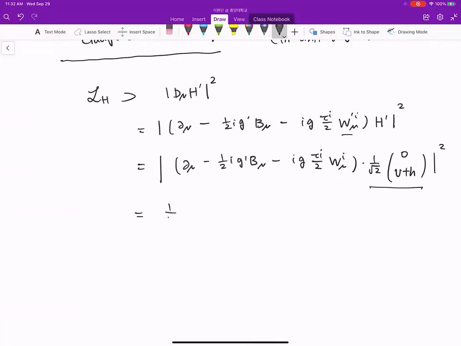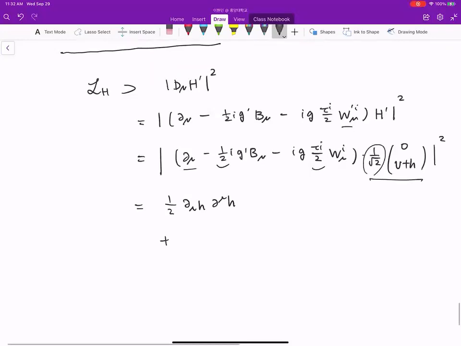So when the derivative acts on the Higgs field, you have only the kinetic term for the Higgs boson, and we have a square and a 1/2 factor. Here we have a 1/2 factor, another 1/2 factor from after squaring. We have a 1/8 in front of it, and this is the matrix multiplication.